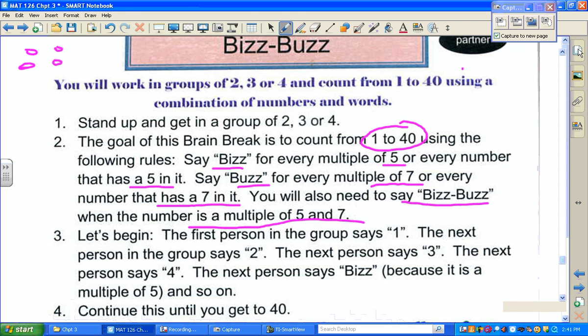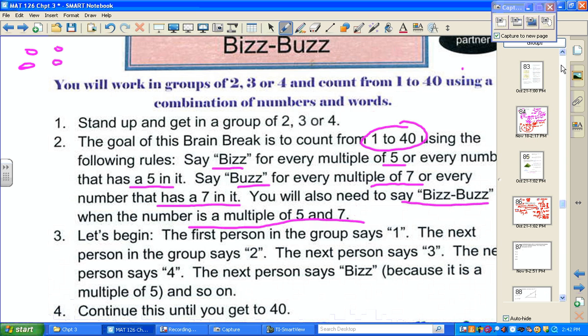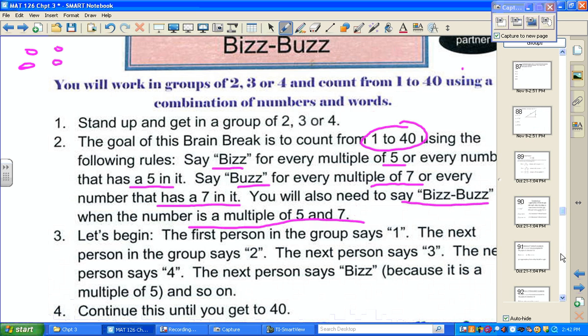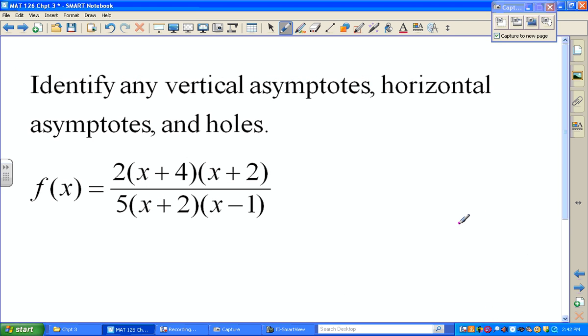All right. Back to the rational algebraic functions. Here we go. So this one's already factored for us. Isn't that great? A little brain break, get a little refreshed. Back to the rational algebraic function world. This one only asks for the vertical, horizontal, and the holes in the graph.